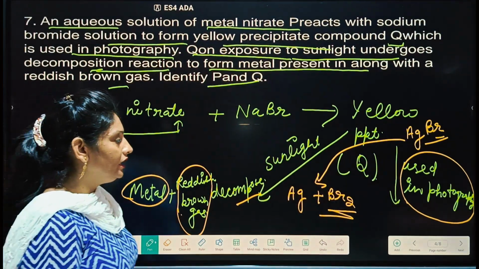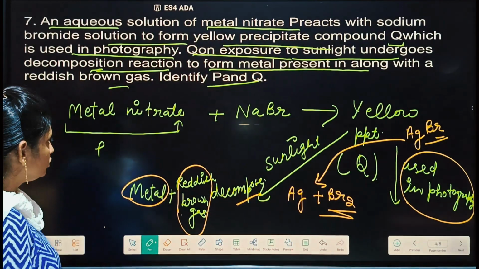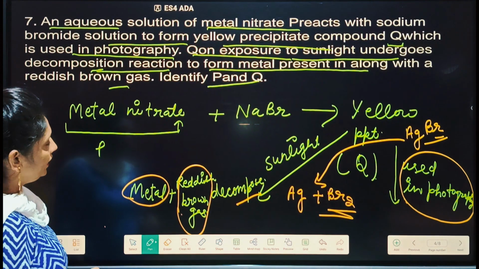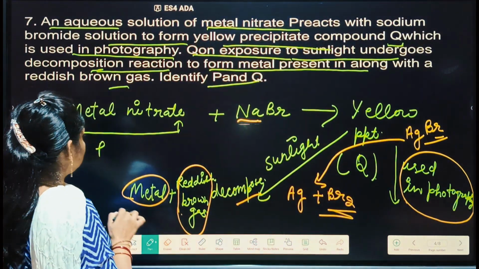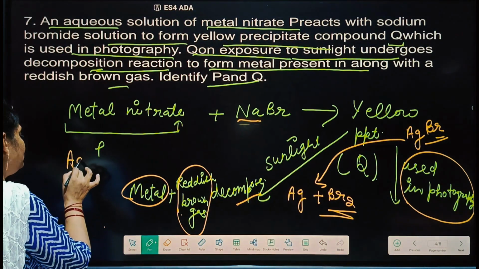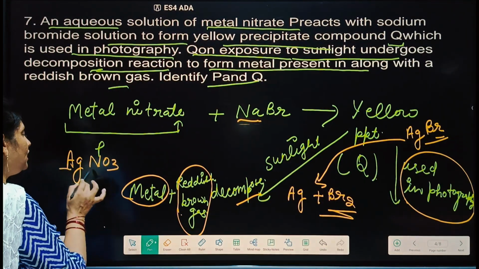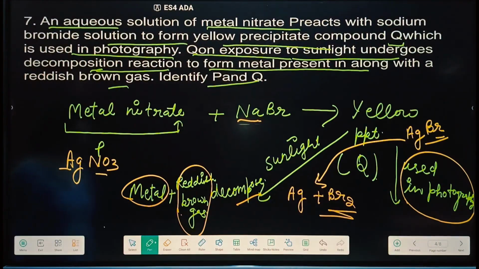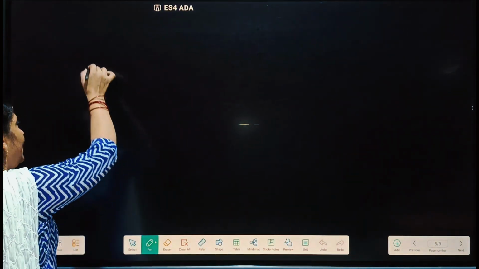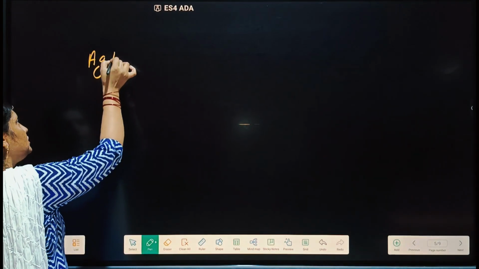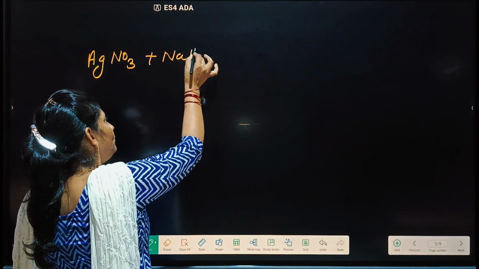So students, here Q may be AgBr, but what should P be? One metal is sodium, and we are getting Ag there, which means this is the nitrate of silver. We can write the reaction this way: silver nitrate reacts with sodium bromide.